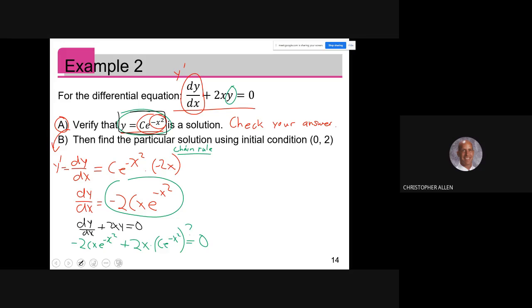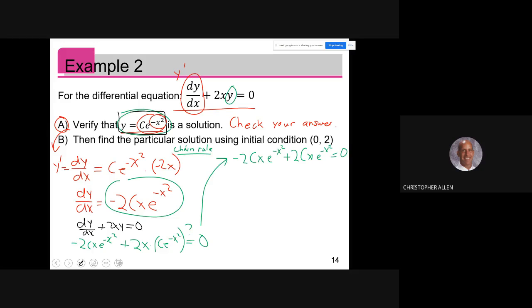And we need to figure out if that is indeed equal to 0. I'm running out of room, so let's go over here. That's going to give me negative 2c x e to the negative x squared. Let's do this multiplication: 2x times that c would be 2c x e to the negative x squared.